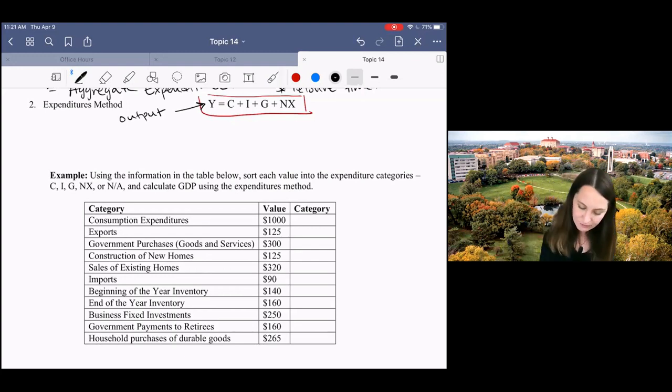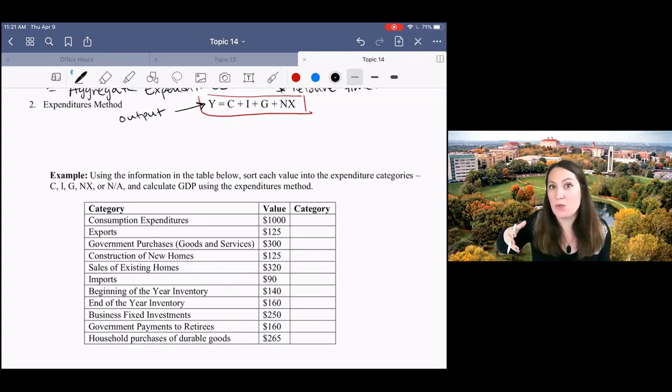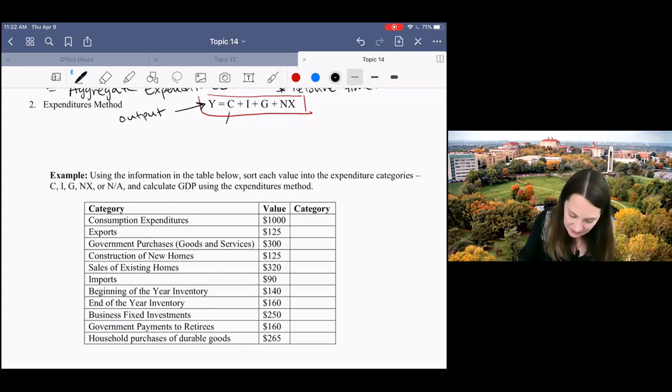So here, we're going to go through and think about different categories of spending, and this is really totally conceptual. What are all the different ways that people or groups within our economy are spending money on goods that are being produced in the US, in our country? C represents consumer spending.